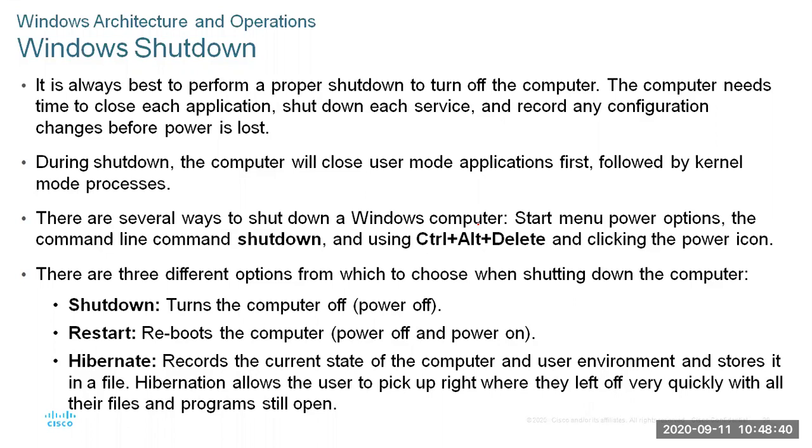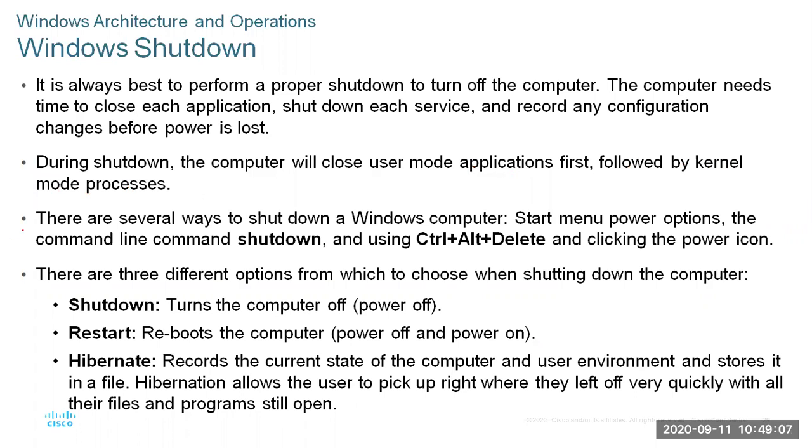You are now powering down the computer. The computer needs time to close each application, shut down each service, and record configuration changes before power is lost. During shutdown, the computer will close user mode applications first, followed by kernel mode processes.